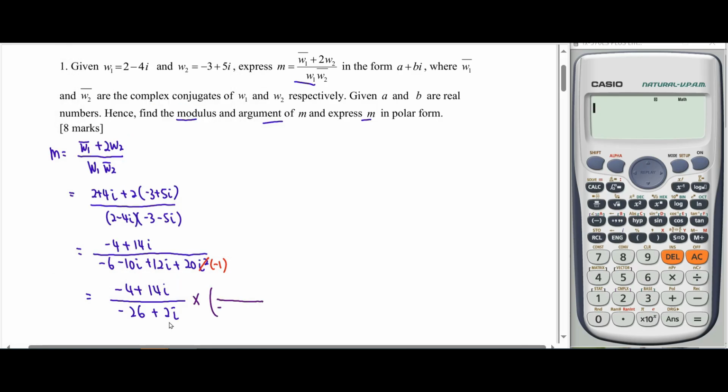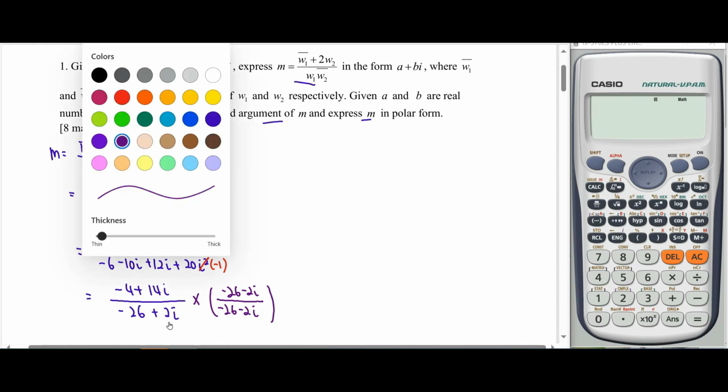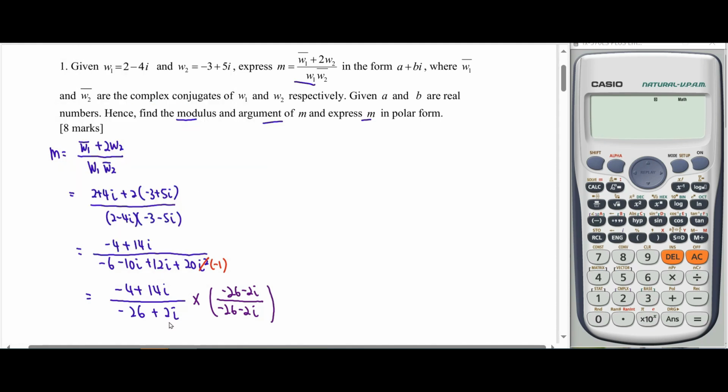So its conjugate will be negative 26 minus 2i. So as we have a complex number times its conjugate, z times z conjugate, it will be a squared plus b squared. Here we have a squared, negative 26 squared, plus b squared, which is 2 squared.